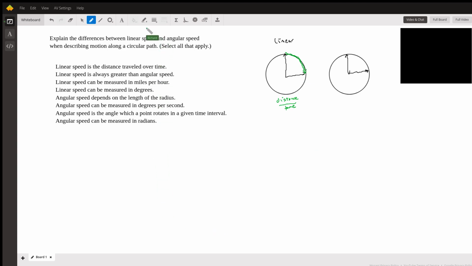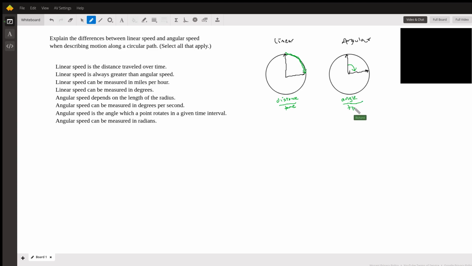Now, if we talk about angular speed, well, that's this angle. How big of an angle did you make here? So it's just an angle over time.